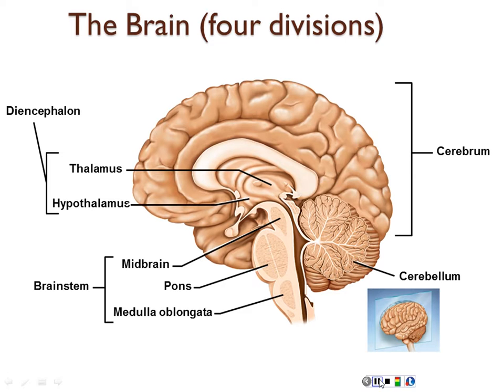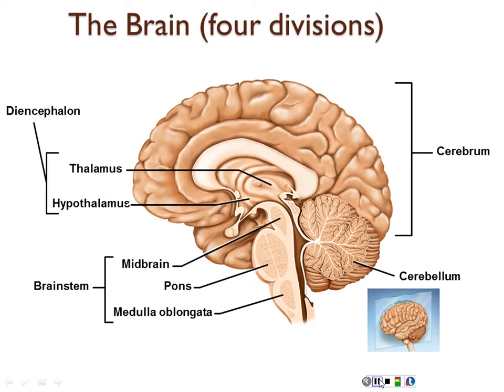So the word hypothalamus means what? Below the thalamus. Okay? So you should not, on the test, call this the hypothalamus and this the thalamus, because it doesn't make sense. The thalamus is above the hypothalamus because the word hypothalamus means below the thalamus.